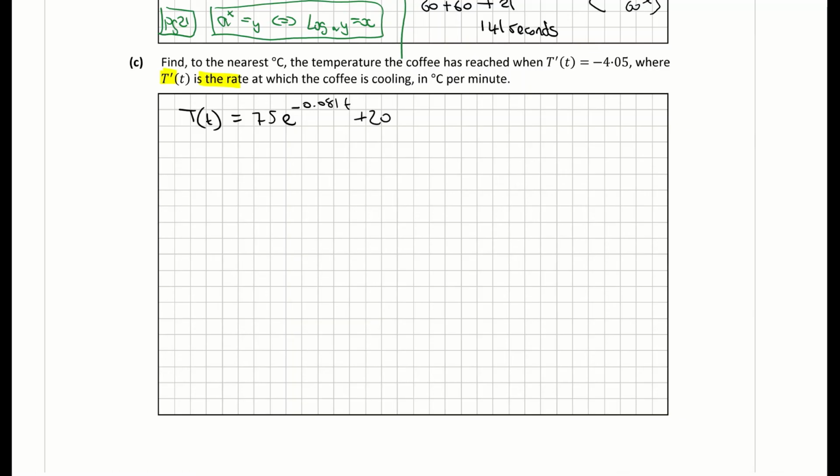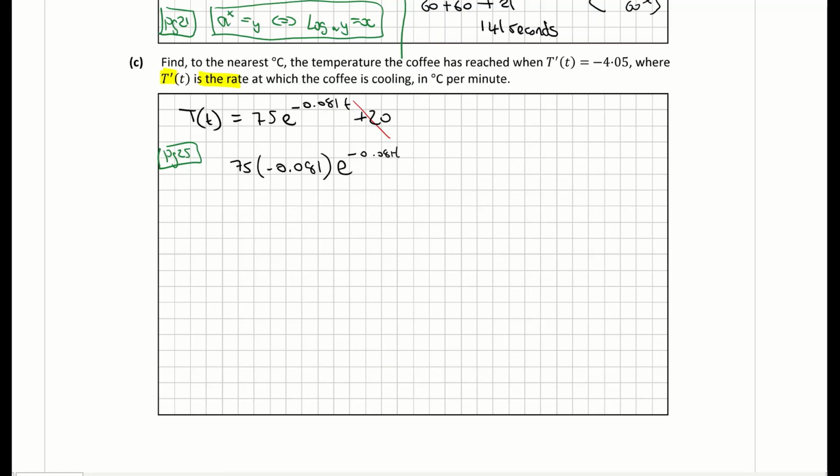I'm going to go to page 25 now of my log tables to help me differentiate 75e to the power of minus 0.081t. We know that the plus 20 is my constant, so that'll just drop. Now when I differentiate it, it's going to give me 75 times my power, which is minus 0.081, times my e to the power minus 0.081t.